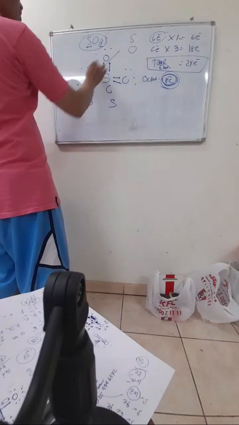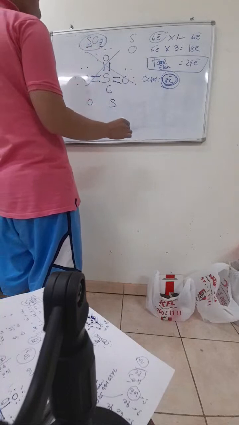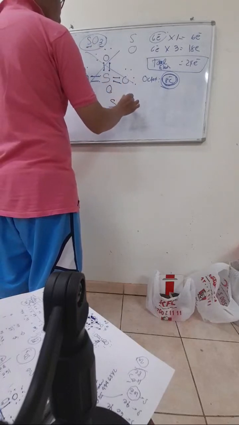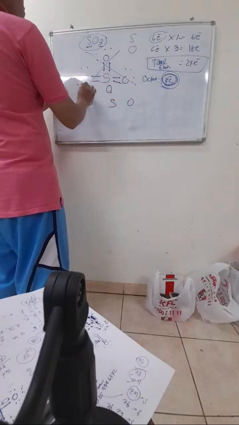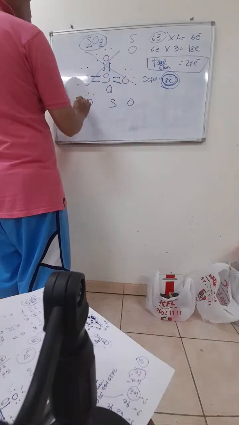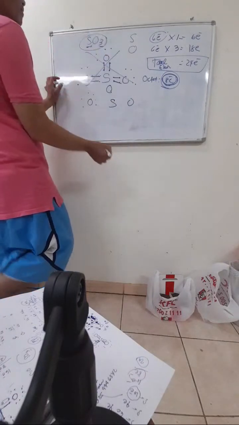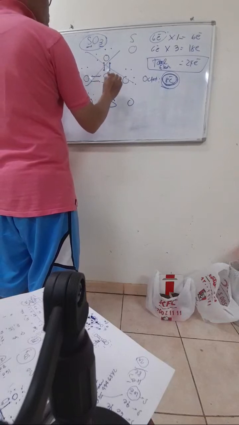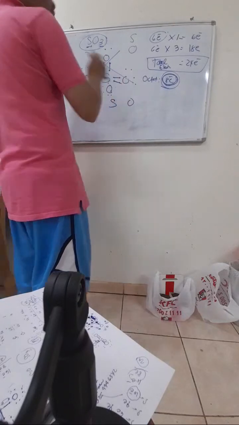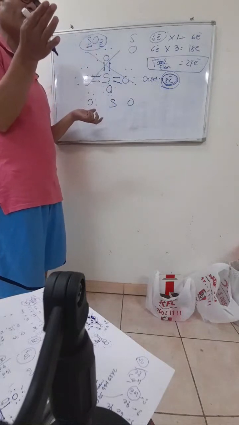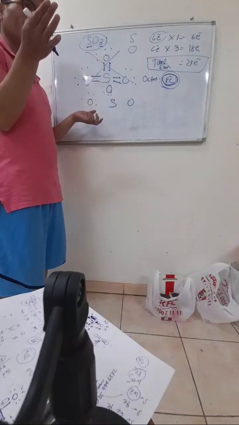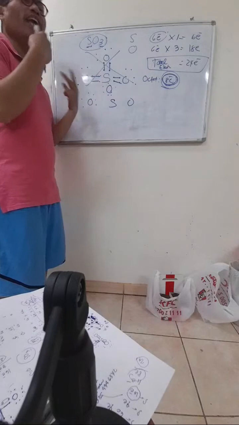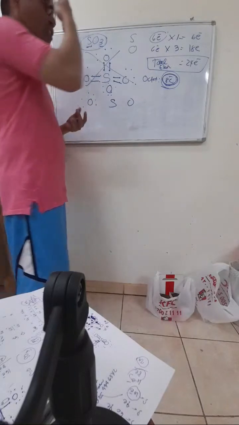I will put X for oxygen here. Oxygen, 1, 2, 3, 4, 5, 6. Oxygen, 1, 2, 3, 4, 5, 6. This is very good, right? Because this is like playing a game, like children, but you gain knowledge.